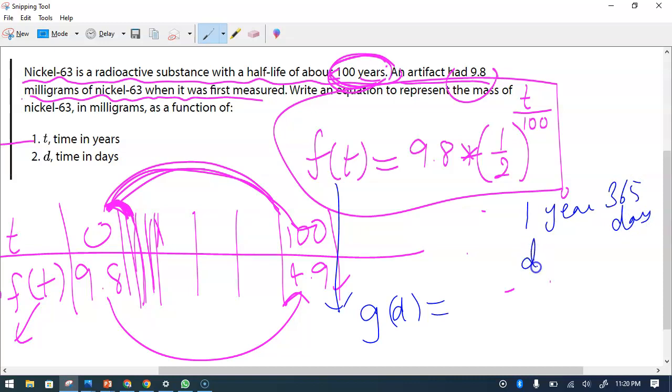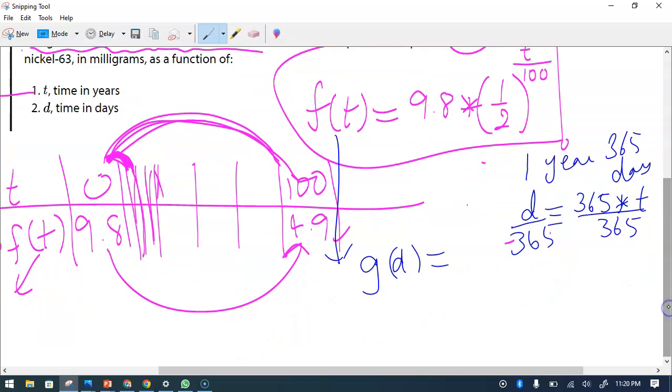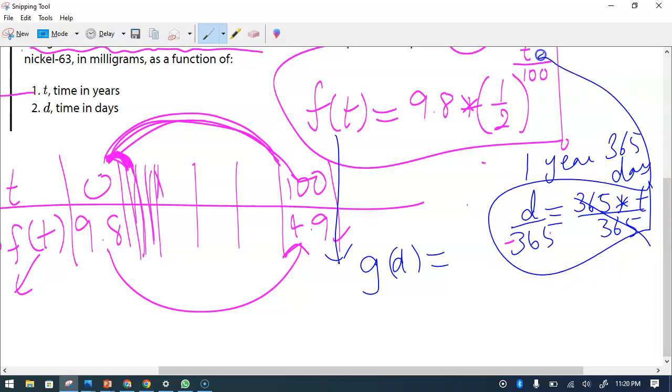That means the number of days depends on 365 times how many years pass. So we can divide this by 365, and this becomes 365, right? And replace this, so this t, you plug it right here.